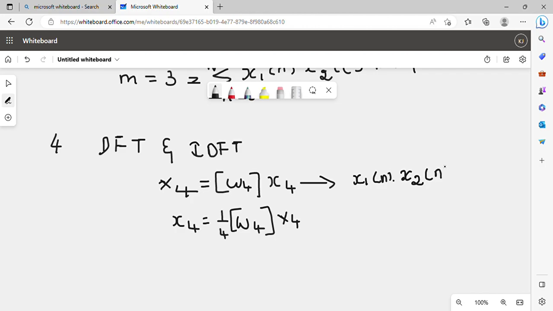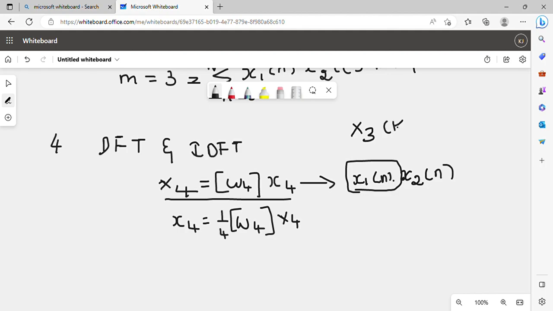After you do the DFT procedure with this formula for x1 of n as well as x2 of n, you then multiply. You have to get x3 of k.